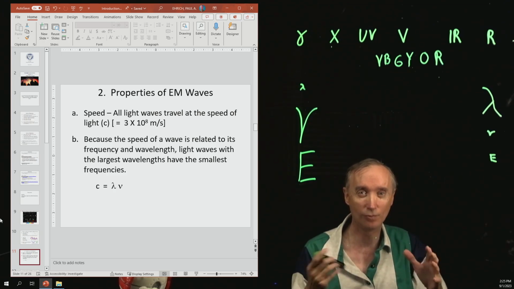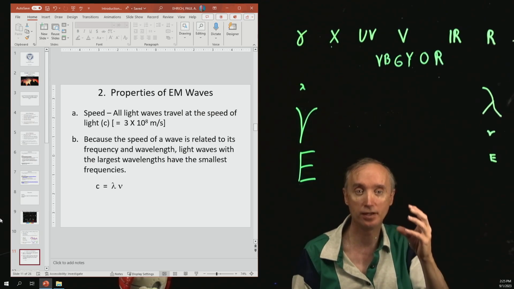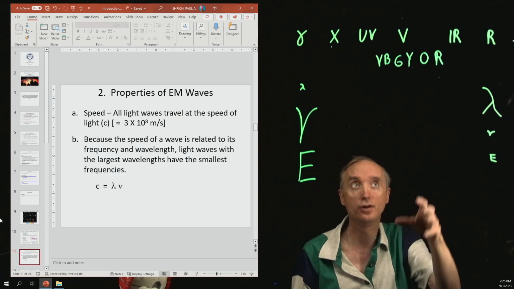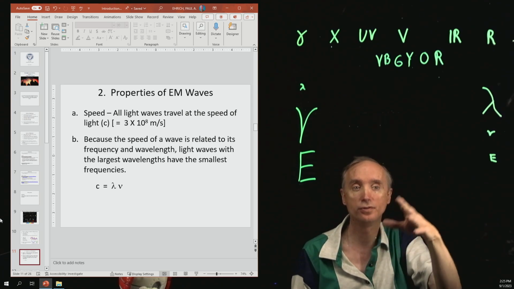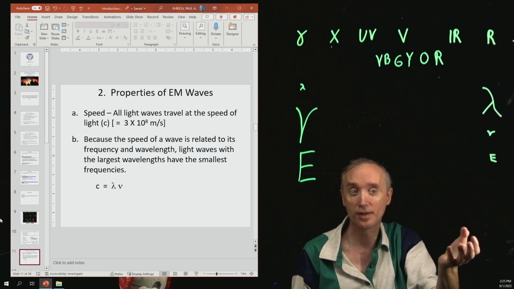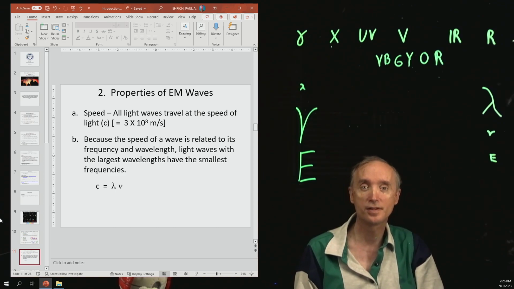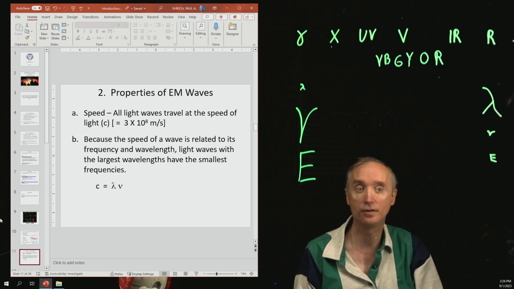Roughly 1/2 of a second is how long it would take you to get from the moon to Earth going at the speed of light. If you wanted to go to the sun, that's going to take you like 8 minutes going at the speed of light.